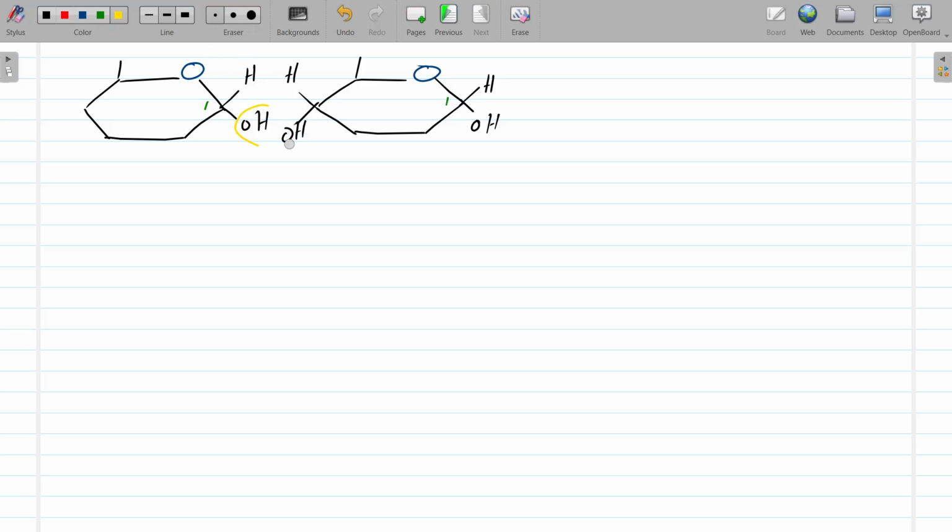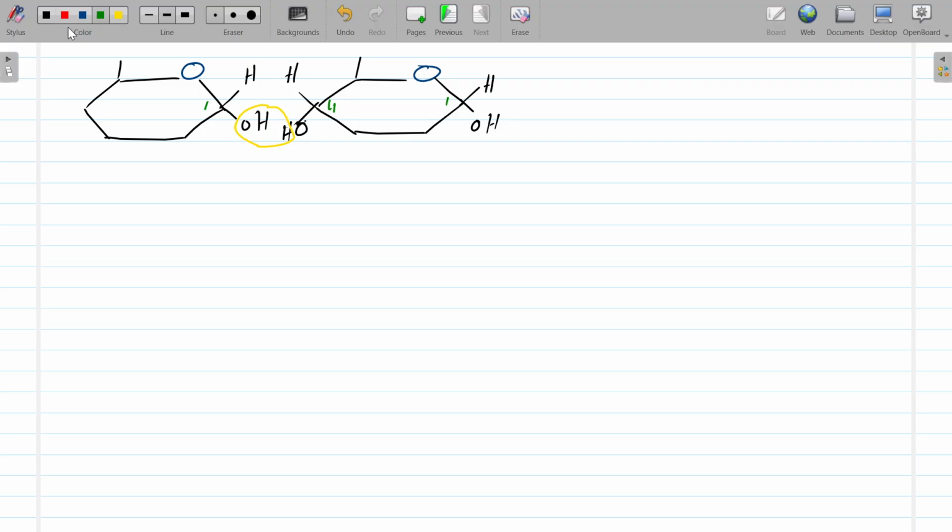Let me write this so it makes more sense. And this is where the bond is forming. So you've got the entire OH group from one molecule, and just the H, the hydrogen from the OH group of another molecule, and this is carbon number 4, by the way.